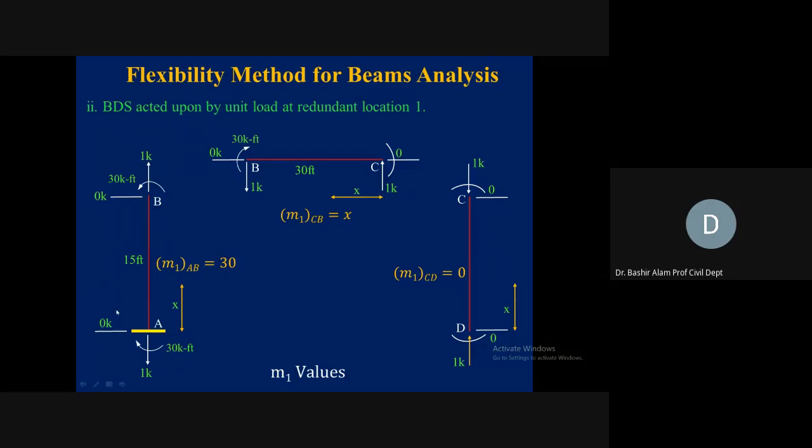If you look at this, member AB is in equilibrium. Joint B should be in equilibrium. 1 kip in member AB at B in upward direction, so for BC at B, it will be in the downward direction. Joint B, summation of Fy is satisfied. Horizontal 0, so horizontal 0 here also. 30 counterclockwise, 30 kip-feet clockwise, so moment-wise also this joint B is in equilibrium.